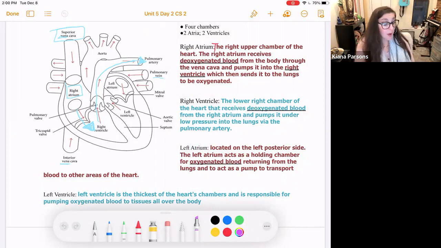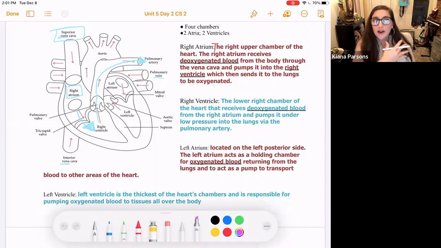So the pulmonary artery pumps deoxygenated blood, and the pulmonary vein receives oxygenated blood. But they are the only exceptions to this artery and vein rule. And that word pulmonary means your lungs. So the pulmonary artery is still supplying blood to the lungs, and the pulmonary vein is still returning the blood from the lungs.